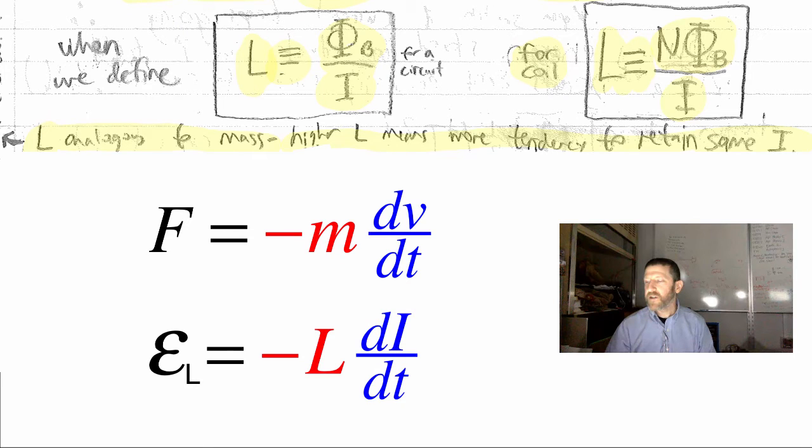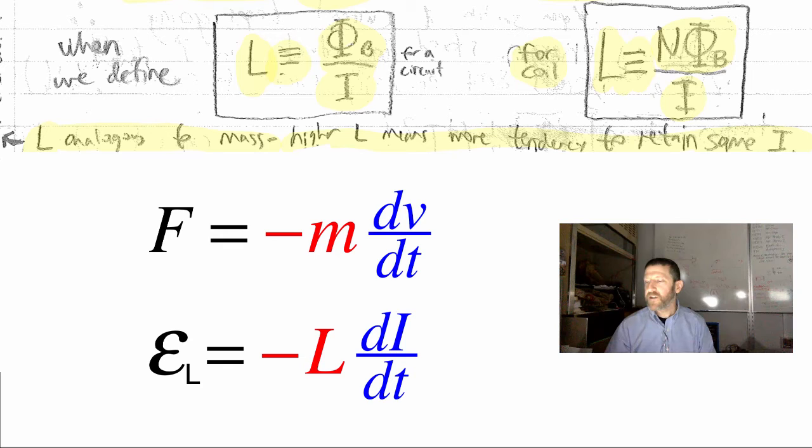Similarly, if you try to change the current in a coil or in a loop of wire, then the back EMF, the electromotive force, not a force but an electric potential, is proportional not only to the inductance, which is just like mass, but also to the rate of change of current. So when you take a mass m and try to change its velocity at a rate dv dt, you will get a back force on you of negative m times dv dt.